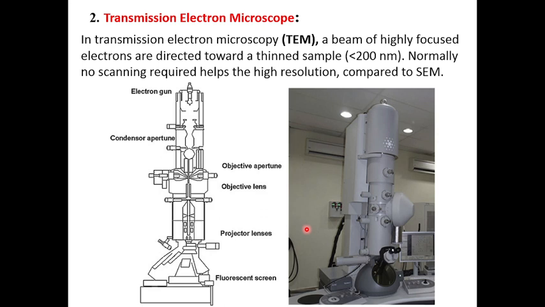Here, as the electrons are passed through the sample, we use diffraction and imaging technique. What is diffraction? Reflection is when light reflects back. Refraction means when light passes from one medium to another medium, and diffraction means when light falls on a surface having many grooves, so light can travel here and there, not in a single direction.